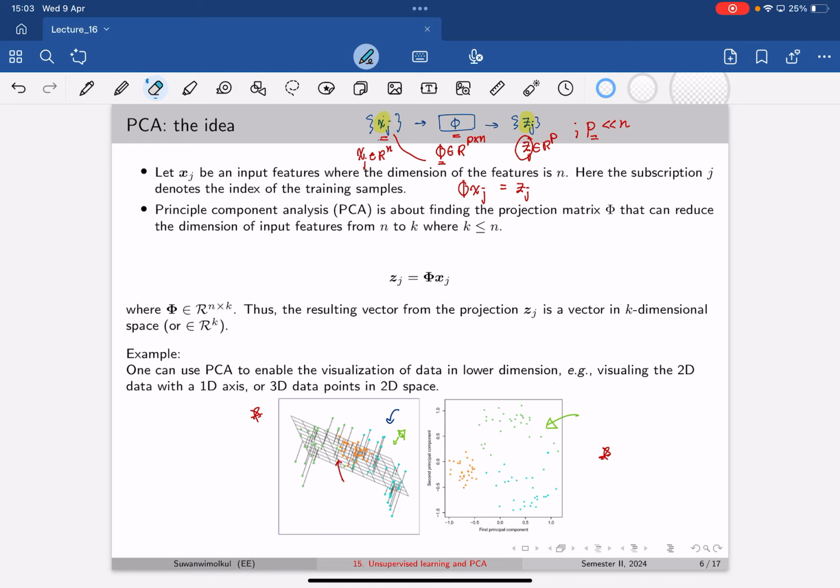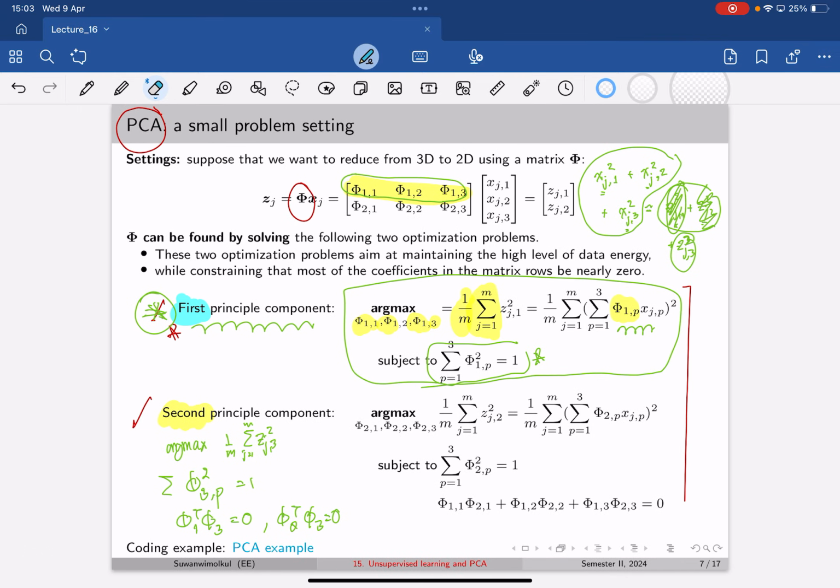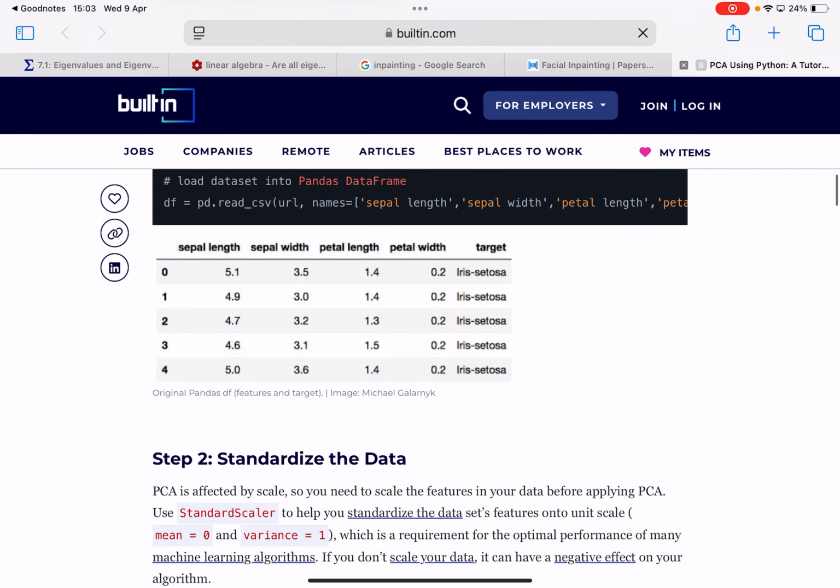I think I provided the link for you as a PCA example. This one will give you an example: if you have these 4 features, but you want to visualize the feature clustering, or maybe which is the most important feature among these 4 for all these data samples, you can use PCA to extract the principal components.